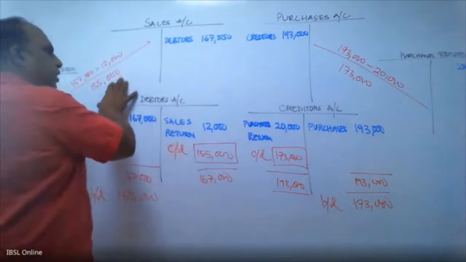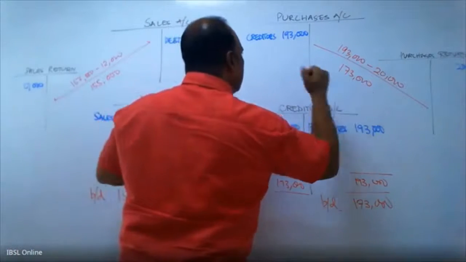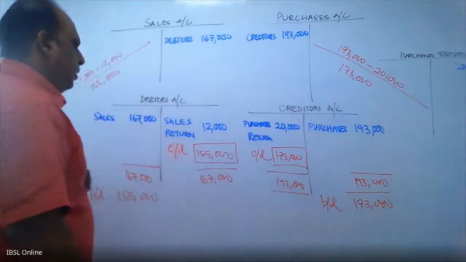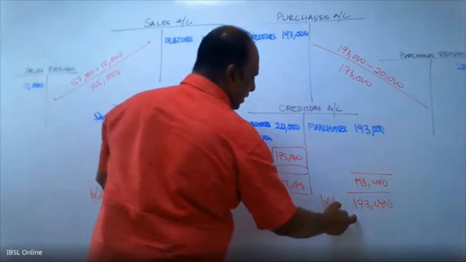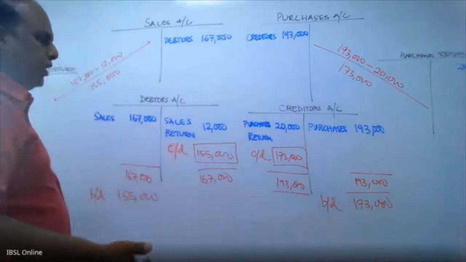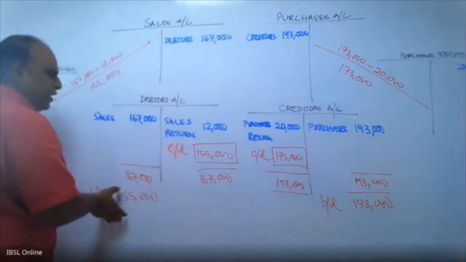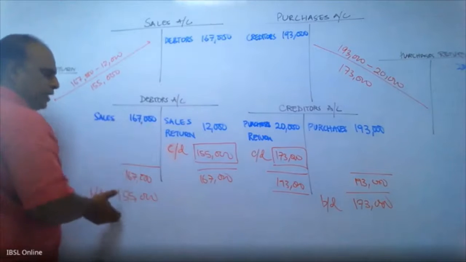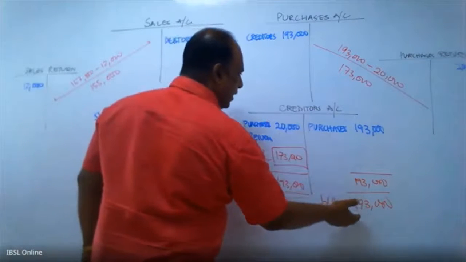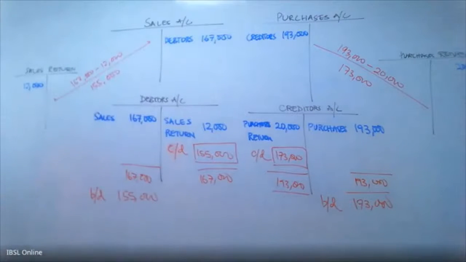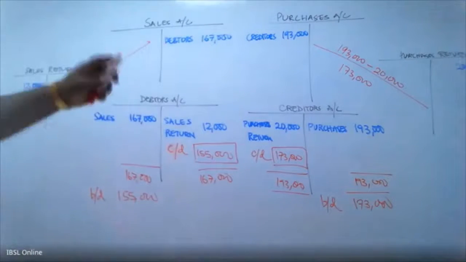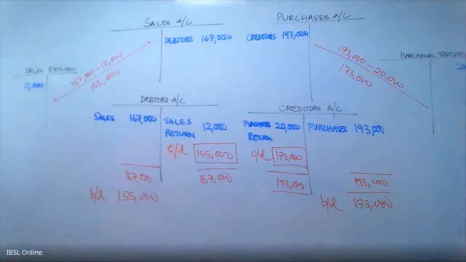This is a positive number, this is a negative number because purchases are an expense. These two balances, the 155 and the 173, go to your balance sheet. 155 is an asset because that's a debit balance. 173 is a credit balance, so it goes to your balance sheet as a liability. I want you to take down this. If you have any questions, you can ask.